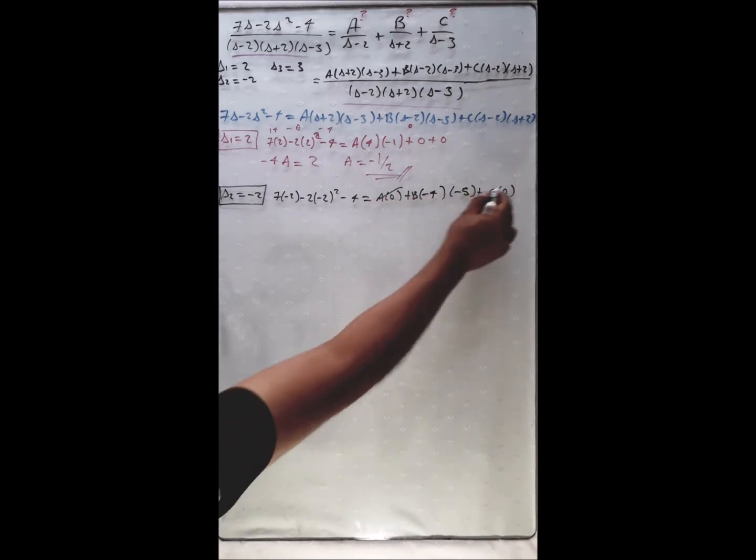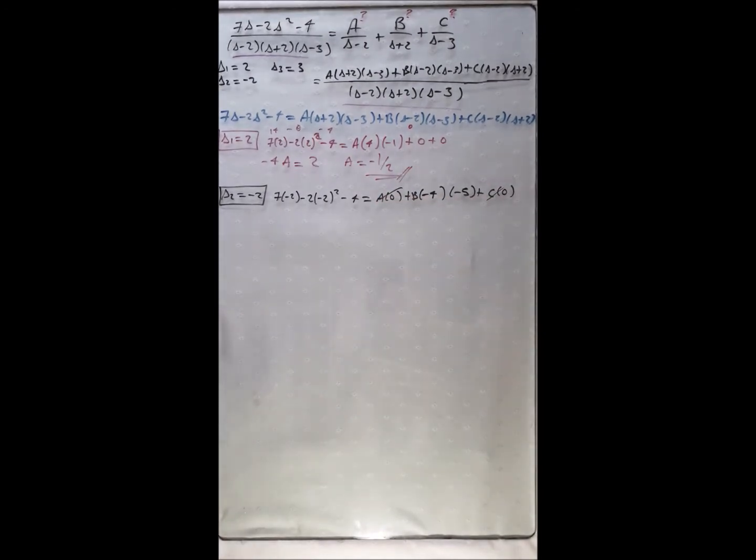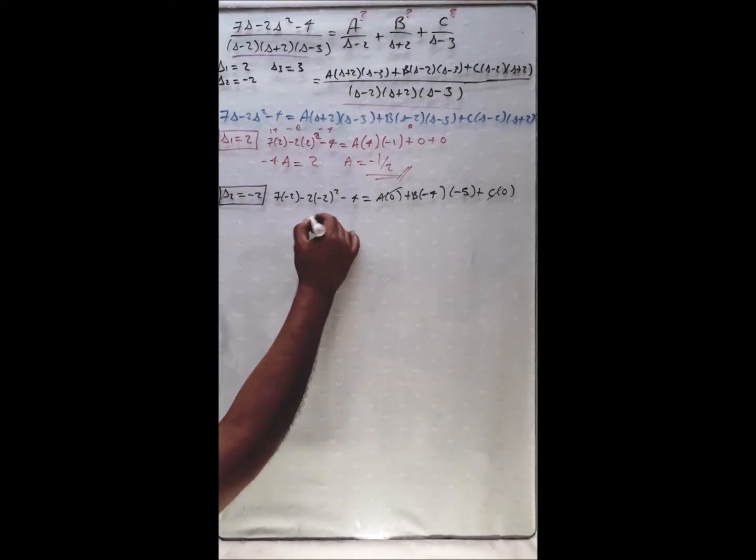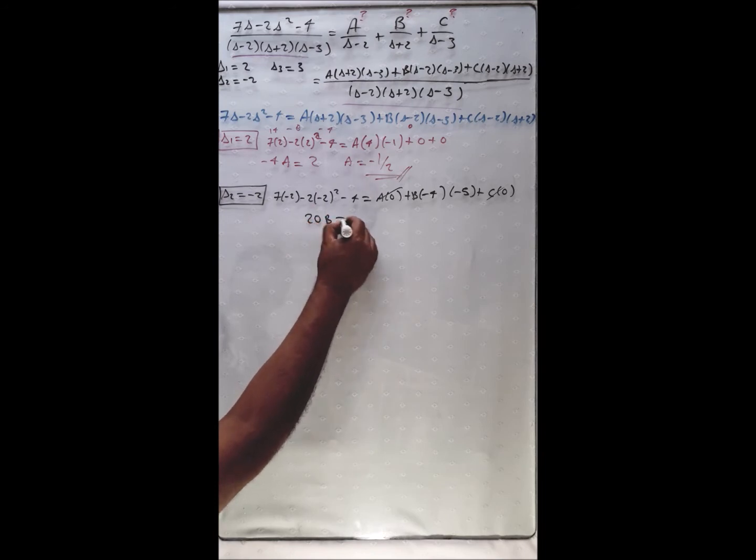So this doesn't cancel, but we don't care about this calculation. So what you have here is 4 times 5, which is 20. 20B is equal to how much?